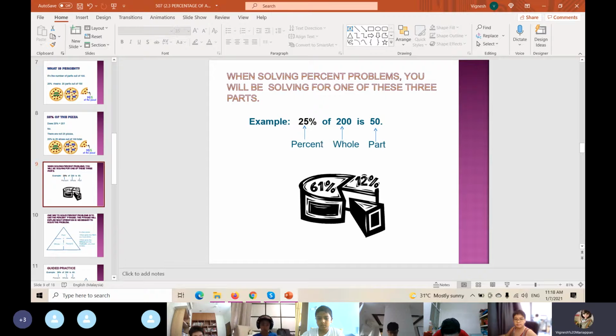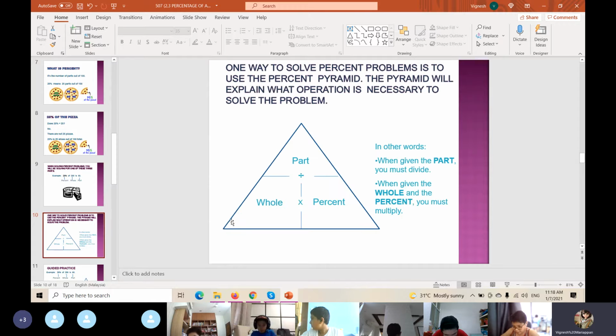Please remember, 25 is the percentage, 200 is the whole, and 50 is the part. How to calculate all these things? It's all in one triangle. Okay, I'm going to explain now.